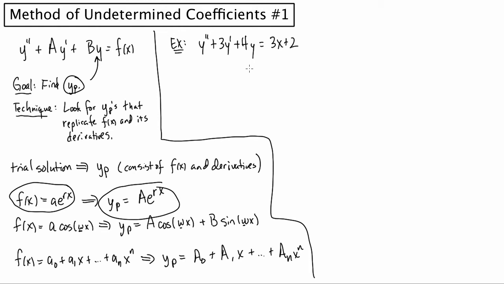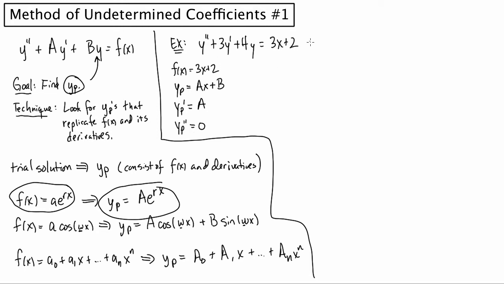Then what I immediately notice is that my f of x is 3x plus 2. So my trial solution should be a linear equation with arbitrary constants, ax plus b. I'm going to have to find the derivative of this, which is a, and the second derivative, which is 0, because I'm going to be plugging them back into the equation.